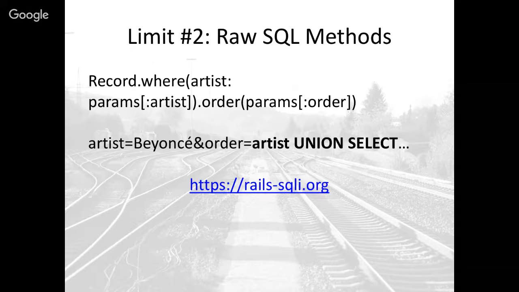It's really important if you're constructing queries in Rails just to check out which ones are safe and which ones aren't. You can read through the docs, any of them that say this accepts a SQL fragment, probably not safe to let someone else control, yeah? And there's a really good list here at rails-sqli.org of which methods are safe, which methods aren't safe for use and to allow an attacker to control like that.